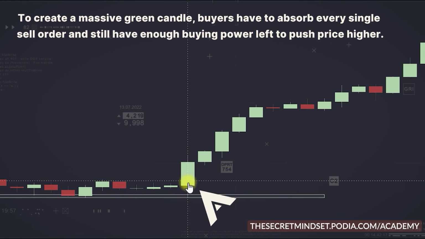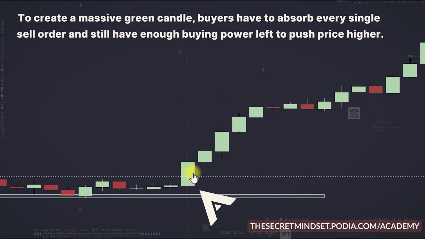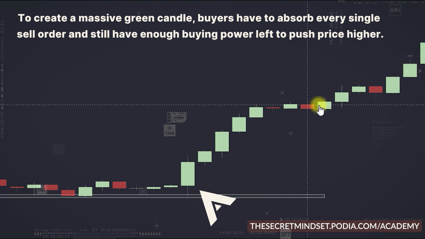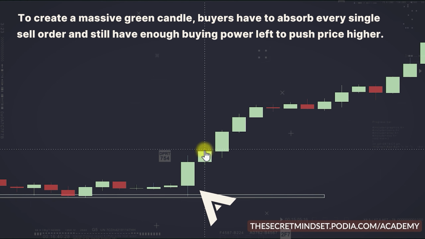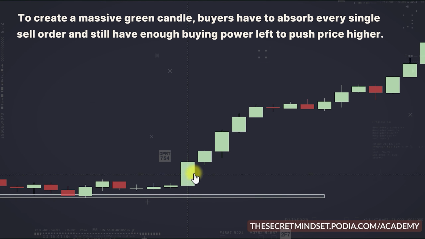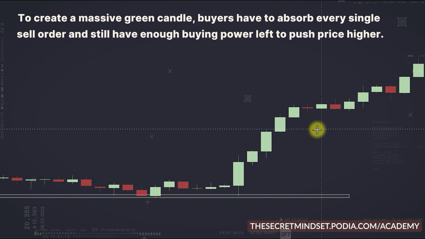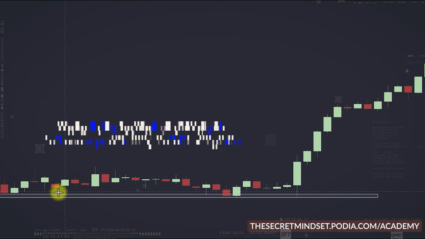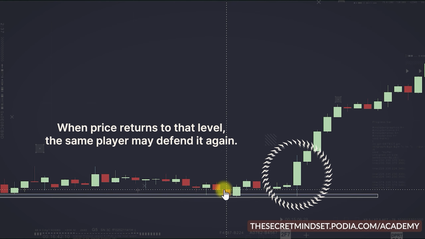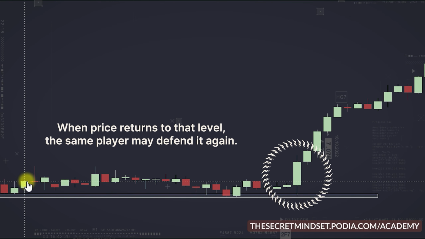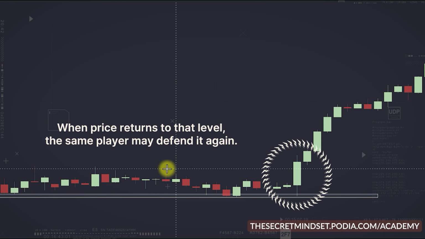That takes serious capital. Retail traders can't create those moves. When I see price explode away from a level with huge volume, I mark that zone immediately. Someone with deep pockets made a decision there. When price returns to that level, the same player often defends it again.